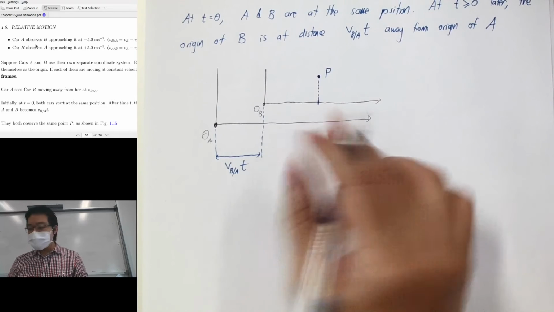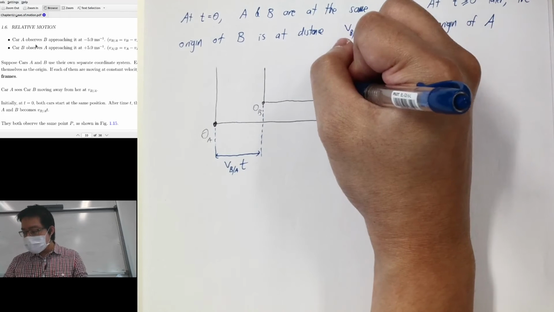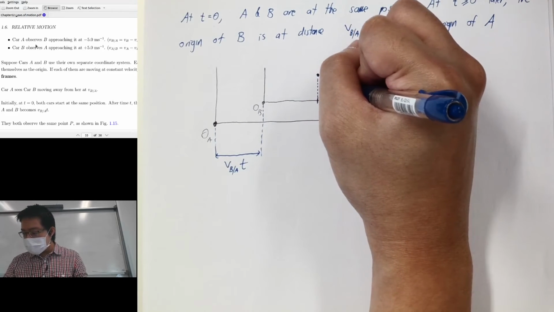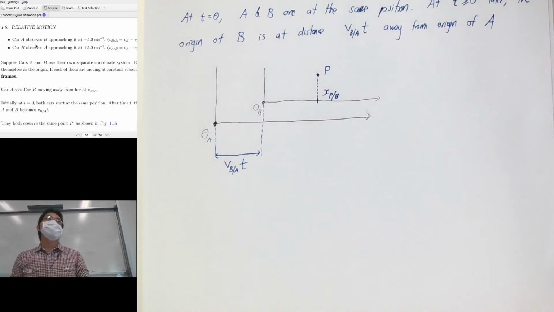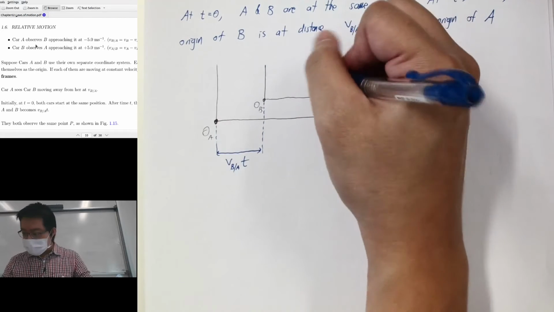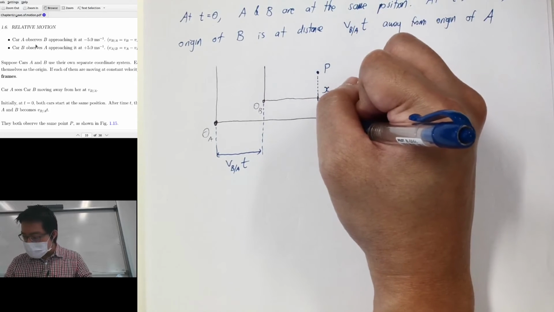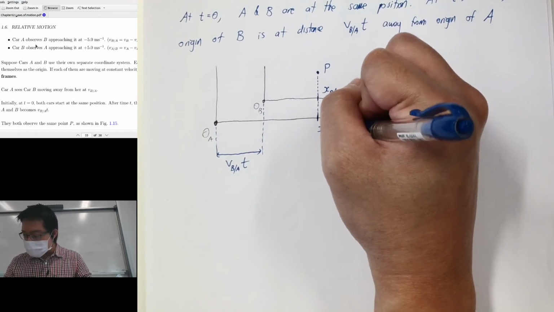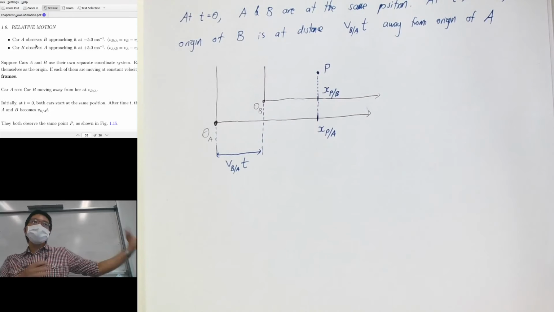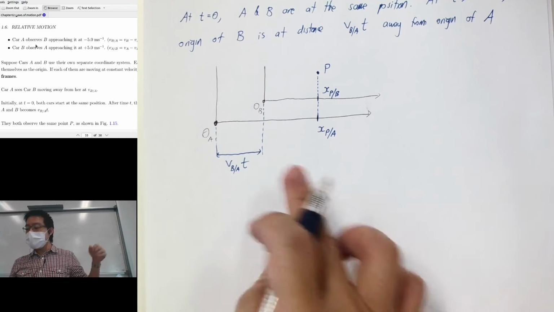Relative to car B, this is the position of the point in the B coordinate system. But this is also the position of the bird in the A coordinate system, which will be some other number because you are using different coordinate systems. But you can actually relate the two.